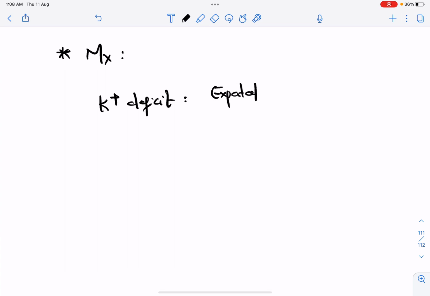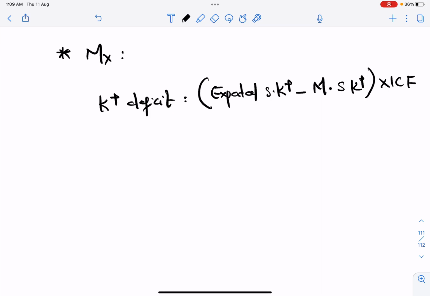Now moving on to the management part. In the management part, there is an equation for calculating the potassium deficit. Okay, the equation is expected serum potassium minus measured serum potassium, multiplied by intracellular fluid volume.